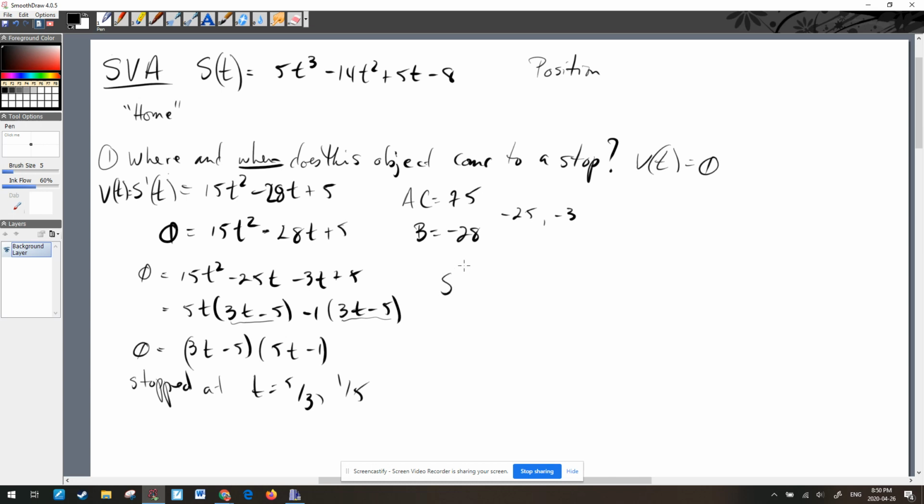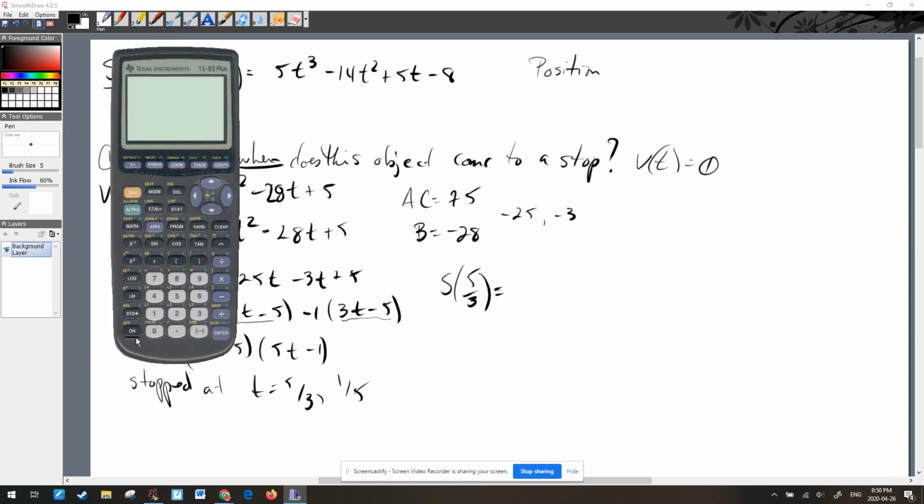So s at 5/3 is going to be equal to, and I'm going to grab my calculator that I've got sitting here. And just to speed things up a little bit, I'm going to enter that expression and then just use it to evaluate it. So we're going to say y equals 5x to the exponent 3 minus 14x squared plus 5x minus 8.